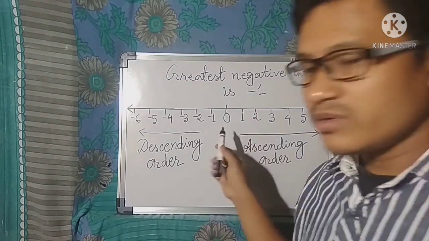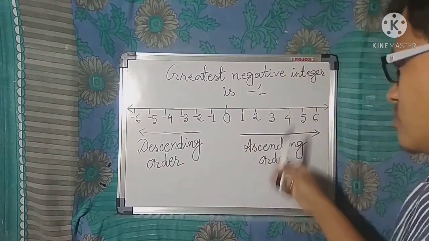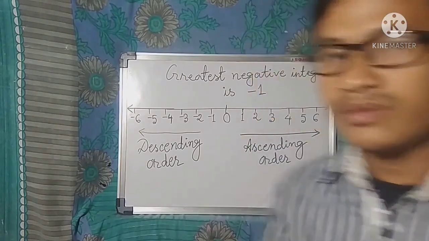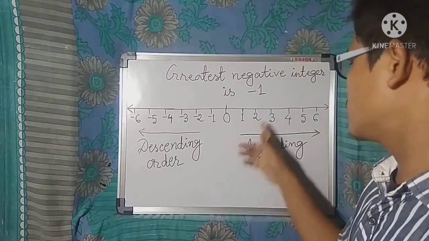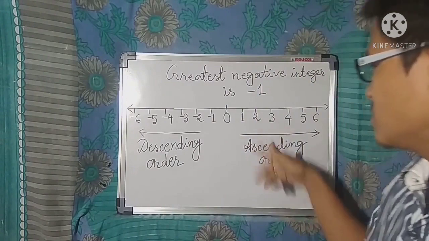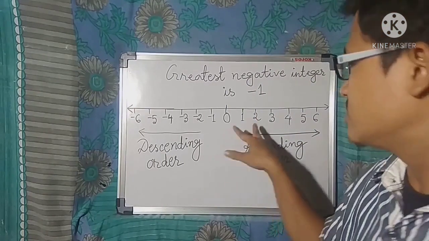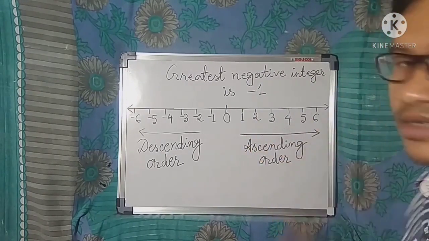But it is impossible to find the greatest positive integer, because positive integers will go on increasing.